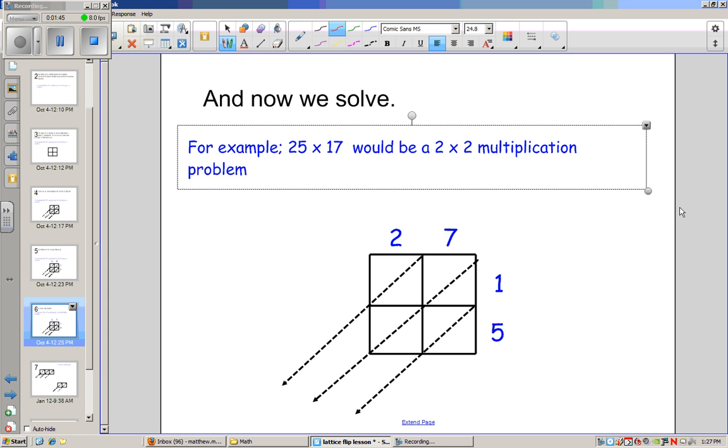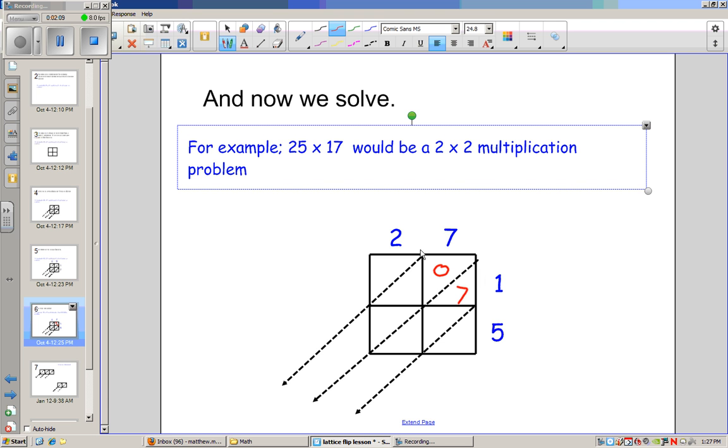The way we work through solving a lattice problem is we start in the upper right hand corner, just an easy one, and we do 1 times 7. The answer to 1 times 7 is 7. So I'm going to put a 0 in here and a 7 in here because there's no number in the tens place when we multiply those two numbers.